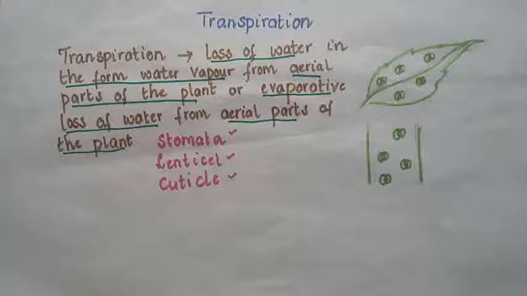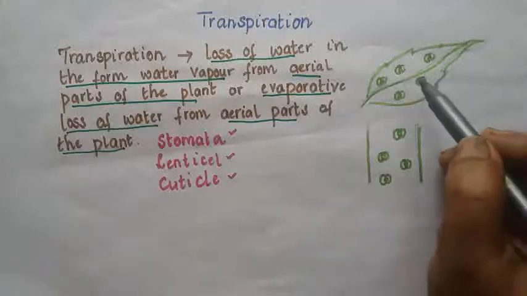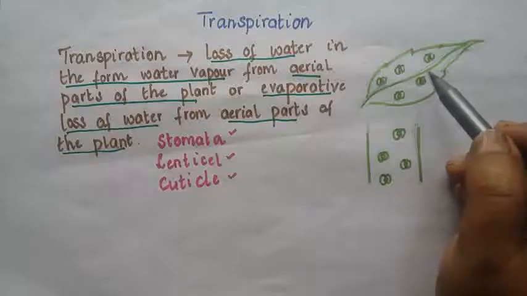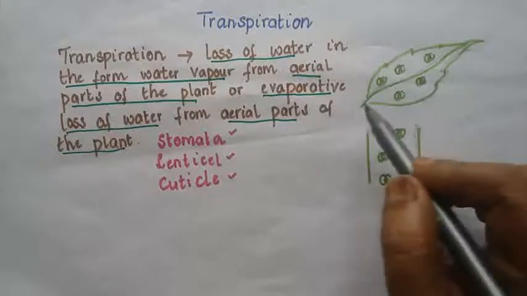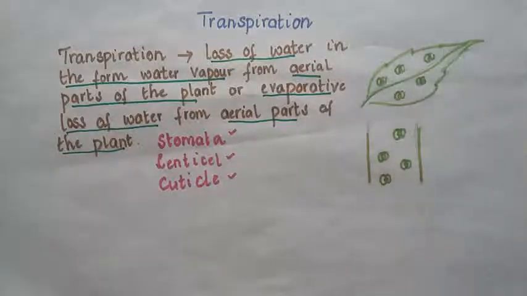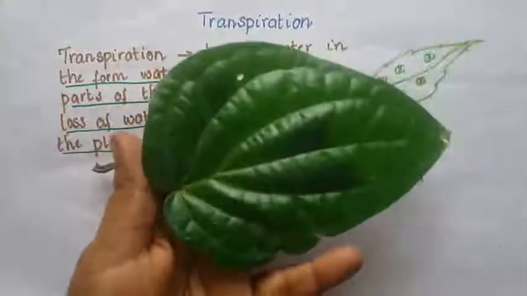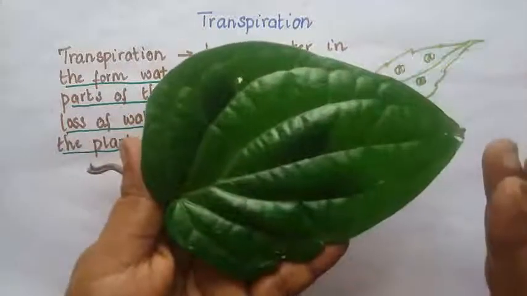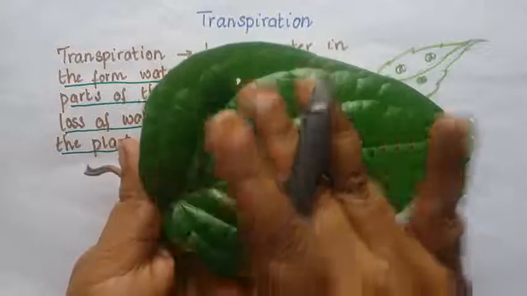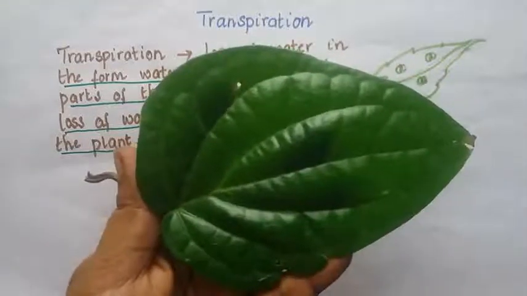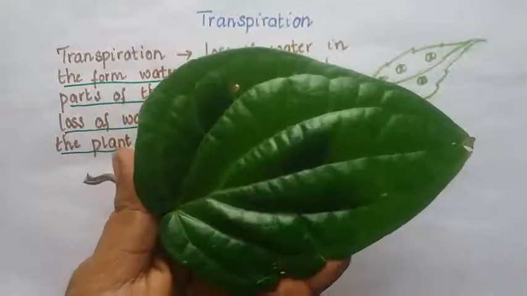So, where do we find stomata? In fact, stomata are found in the epidermis of the leaf. Children, here you can look at the diagram of the leaf, right? So, in the entire lamina, we find a number of stomata, right?